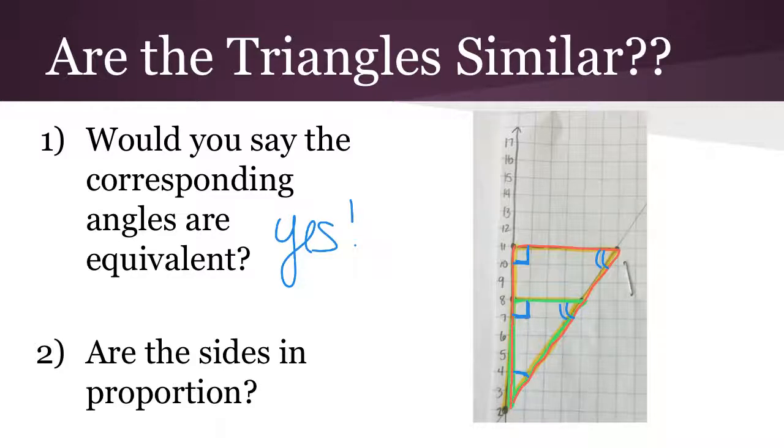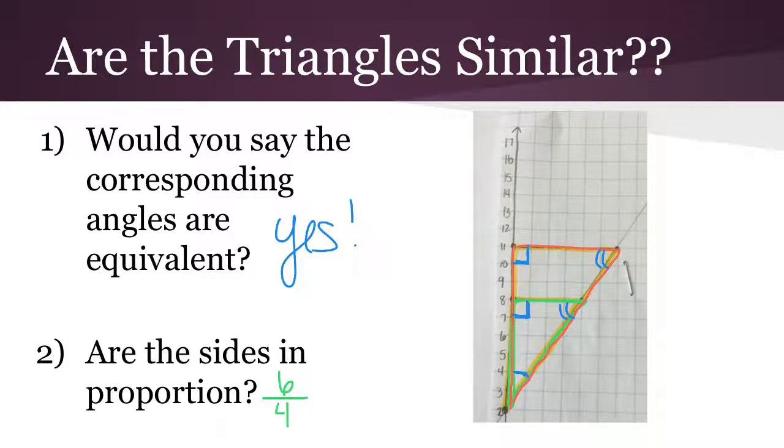And are the sides in proportion? Well, let's look at the little guy. If I'm going from the bottom to the right angle, I would count up 1, 2, 3, 4, 5, 6 up for the green one. And then if I went over, I'd go over 1, 2, 3, 4.